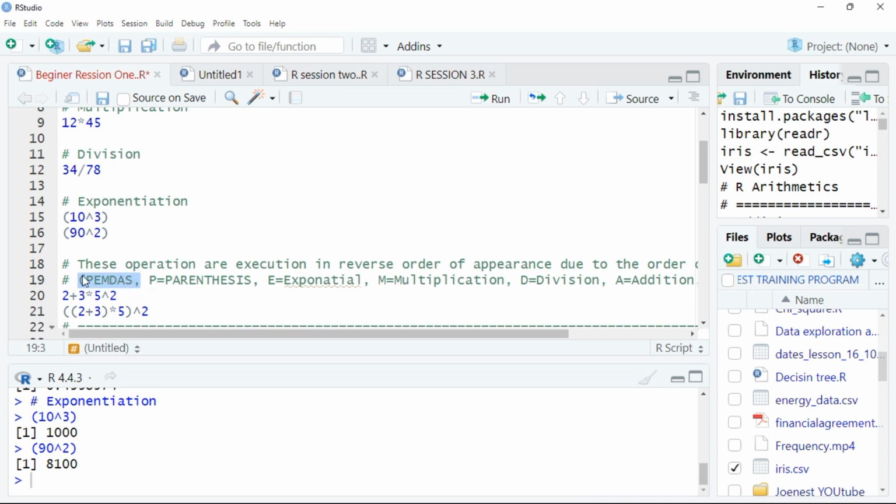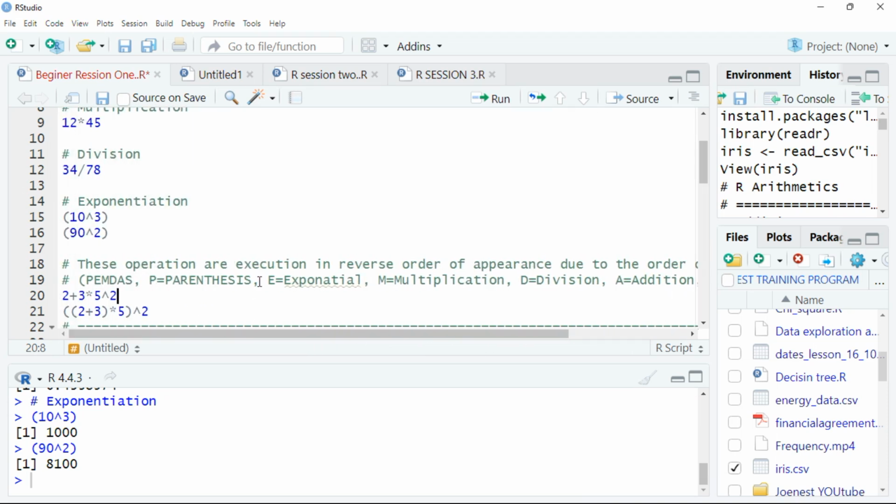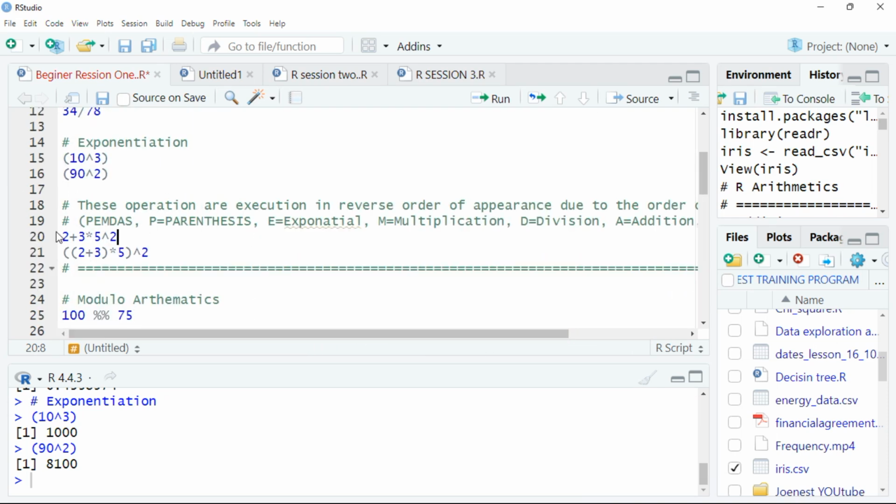The P represents parentheses, the E represents exponentiation, the M represents multiplication, the D represents division, the A represents addition, and the S represents subtraction, right?